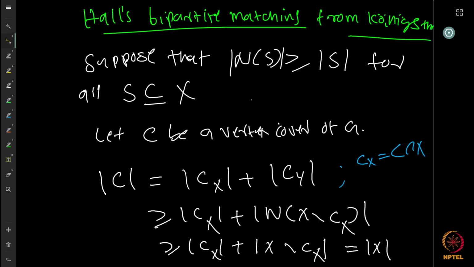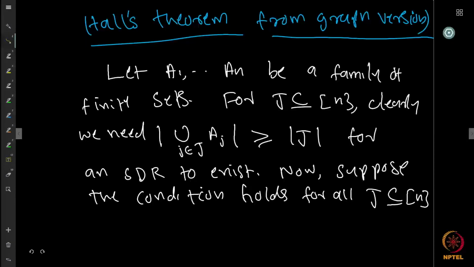Now, using the bipartite version, or the graph version of Hall's theorem, we are going to prove the set theory version of Hall's theorem. So, the general Hall's theorem from the graph version. How do you prove this?